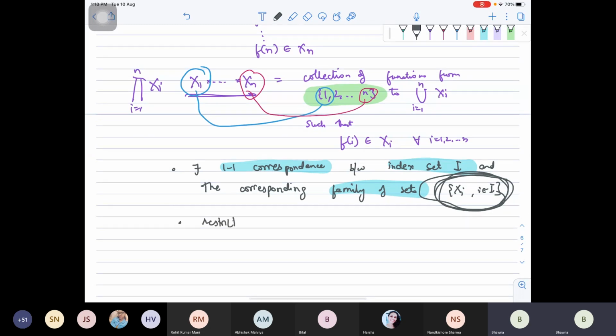The restriction is there on f, right? What was the restriction?